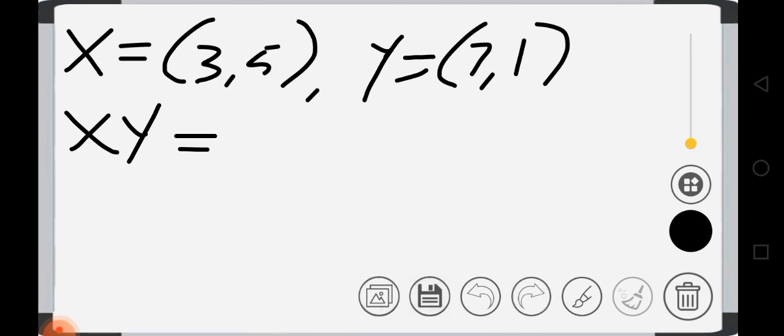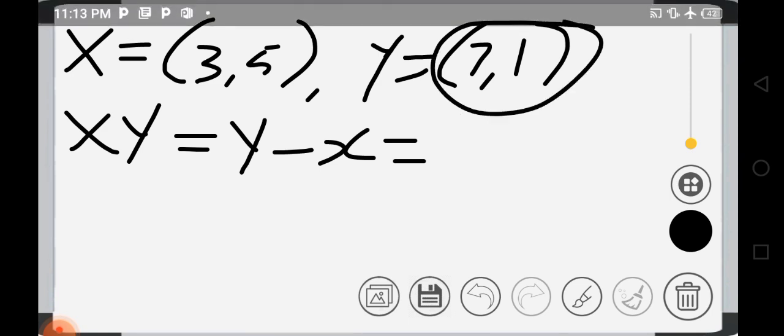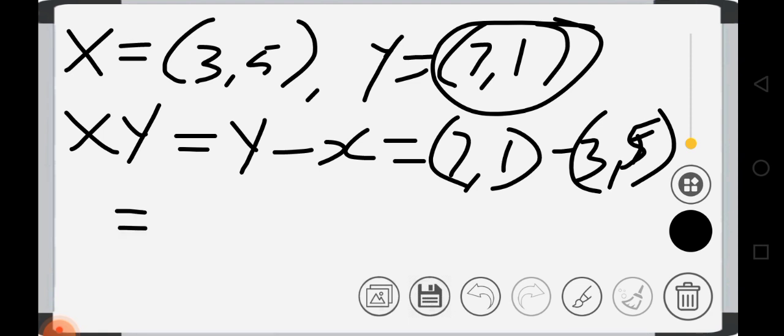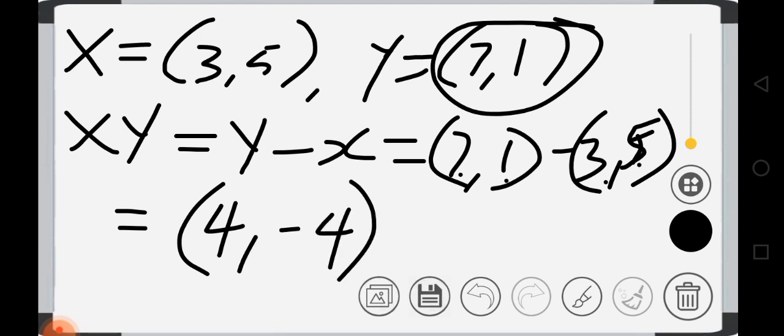Simple as that. That will be 7, 1 minus 3, 5. So that will give us 7 minus 3, that is 4, and 1 minus 5, that is minus 4. So that's 4, minus 4. That is the answer to that.